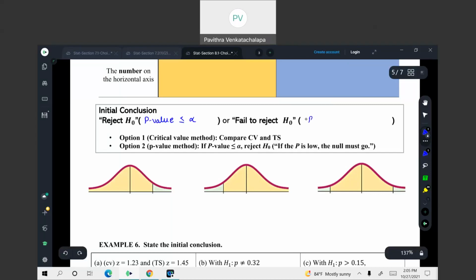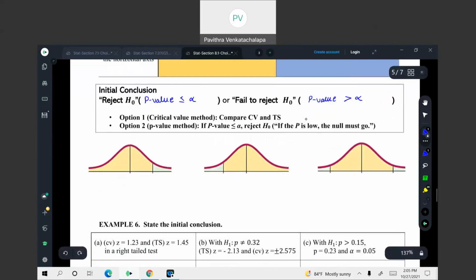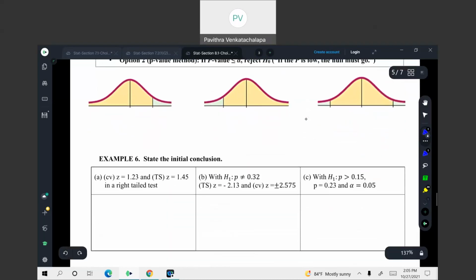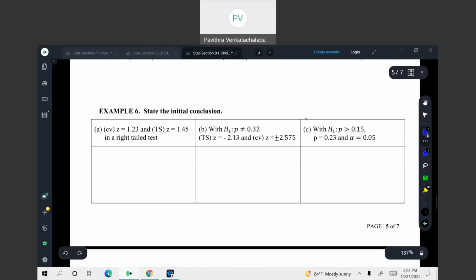If the p-value is greater than alpha, we fail to reject the null hypothesis. Okay, so this is how you make the conclusion. Now we will see this using some examples, how to make a conclusion.